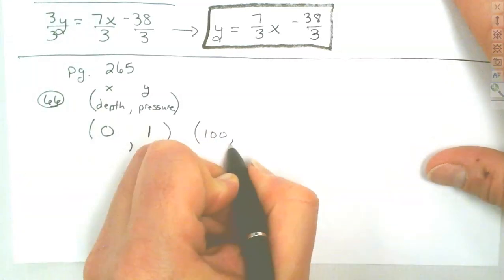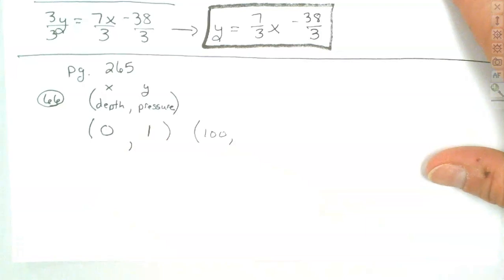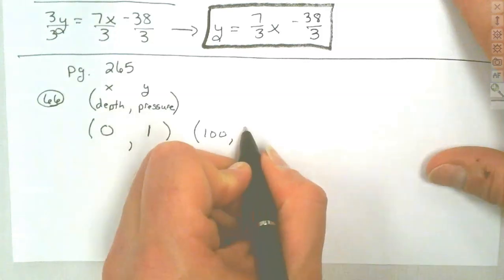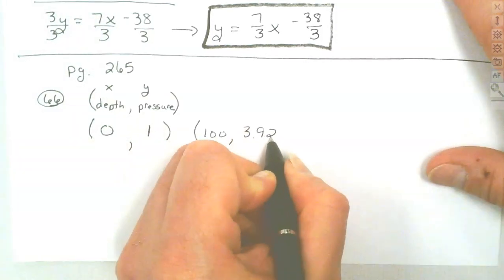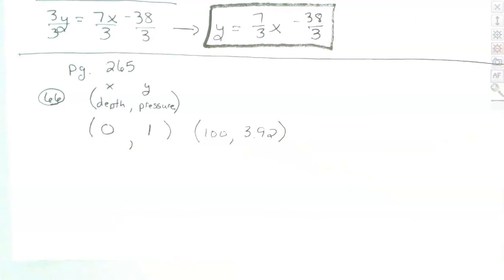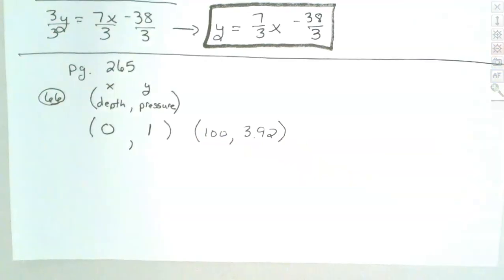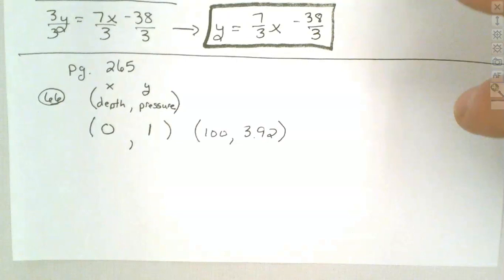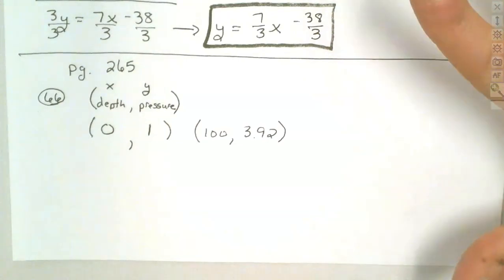And at a depth of 100 feet, we have 3.92 atmospheres. So we now have our ordered pairs, right? Okay, so let's go ahead and work out our slope.